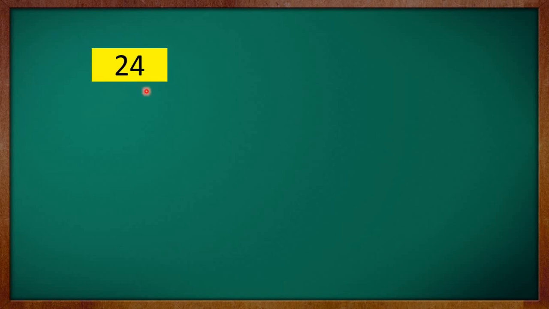Kids, we know that 1 multiplied by 24 is equal to 24 will give us two factors of 24, which are 1 and 24. But we do not write this multiplication fact. That means the smallest and the greatest factor of any given number are not written in the factor tree. So we will move to number 2.